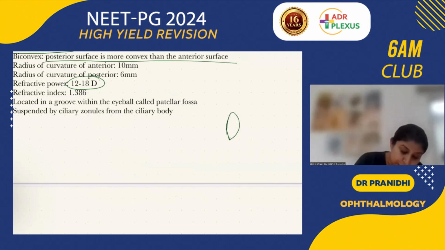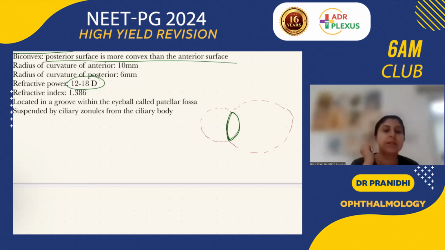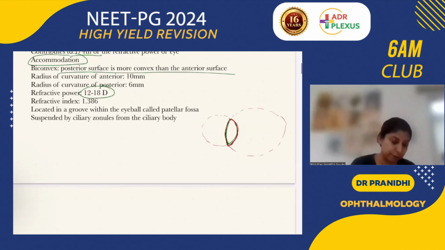Here you can see the anterior surface is less convex and the posterior surface is more convex. The lens is made up of two circles: the anterior surface is part of a bigger circle and the posterior surface is part of a smaller circle, meaning the posterior surface is more convex than the anterior surface.